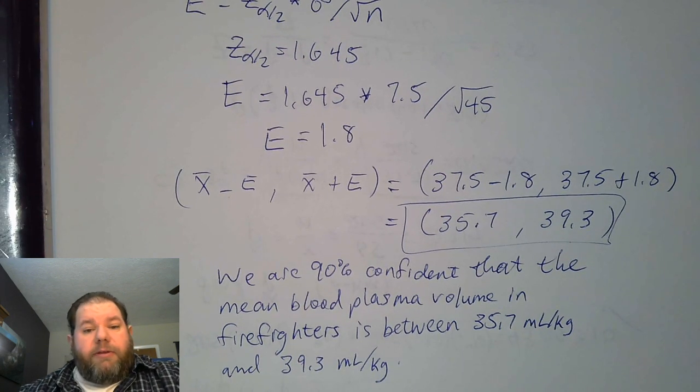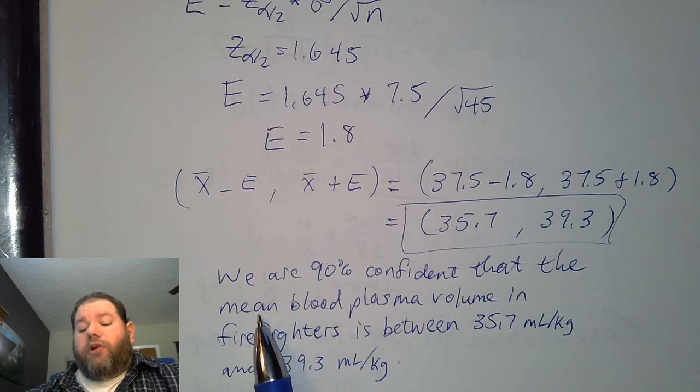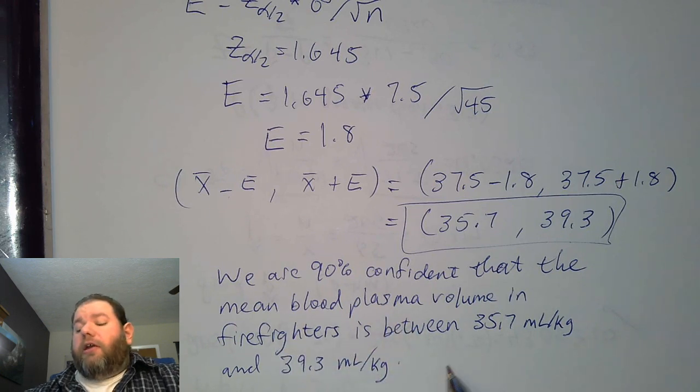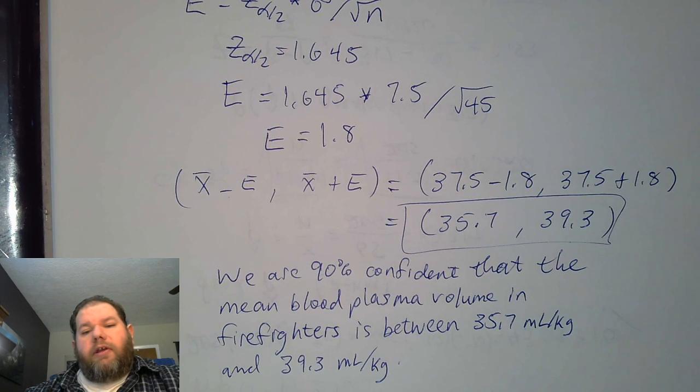So something like that will be very sufficient. We mentioned the level of confidence, we mentioned what we're actually trying to find, which is the mean amount of blood plasma volume, specifically in firefighters, and then the two values that we discovered. So those four things all need to be in the sentence. However you want to craft it is fine, as long as we include all that information.